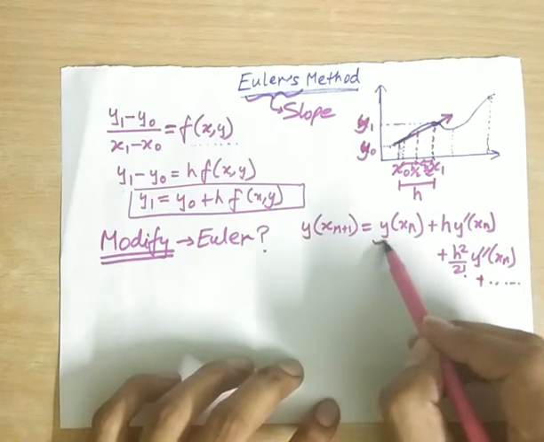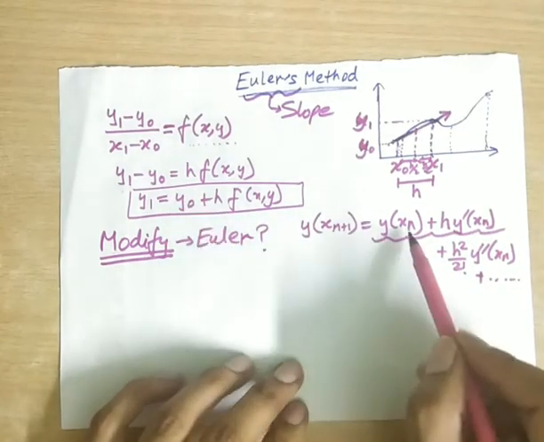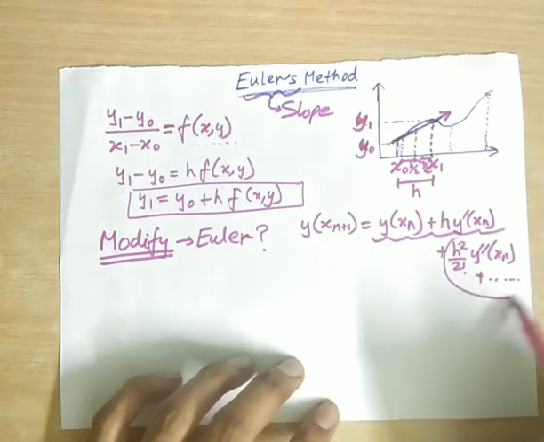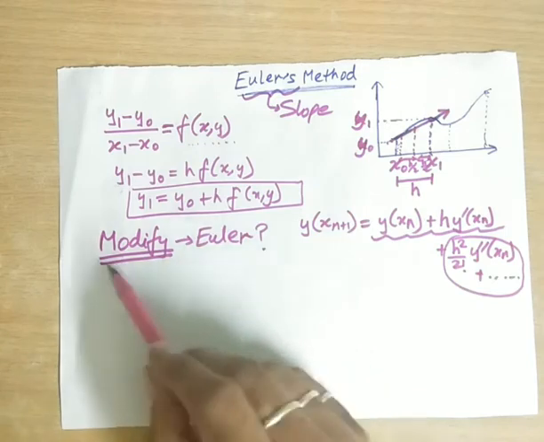We have terms up to this part, but all the higher terms are neglected in Euler's method, so we need to consider them in the modified Euler's.